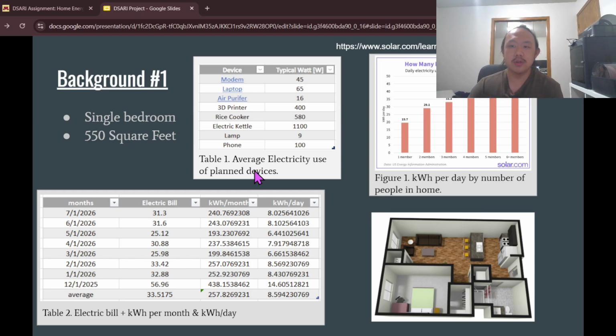As for someone who lives alone, it seems that the average kilowatt hour per day is 19.7, according to Figure 1. Now, as for how the electricity is used in my apartment, I normally unplug things and turn stuff off that's not being used to save some money on the bill, such as the electric kettle and a 3D printer.